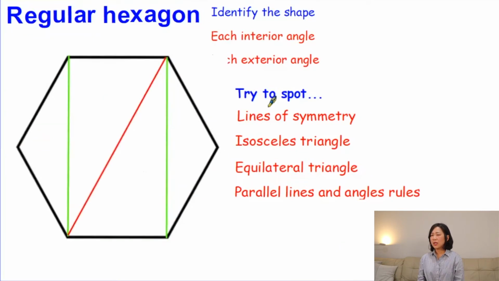The last one I want you to notice is parallel lines. I can draw a pair of vertical parallel lines here. Now you remember all the angle rules regarding parallel lines. Can you spot the alternate angles?